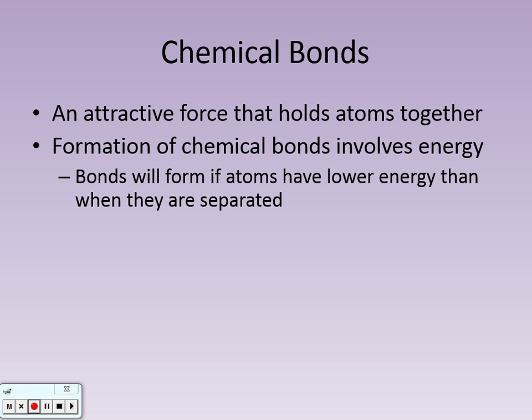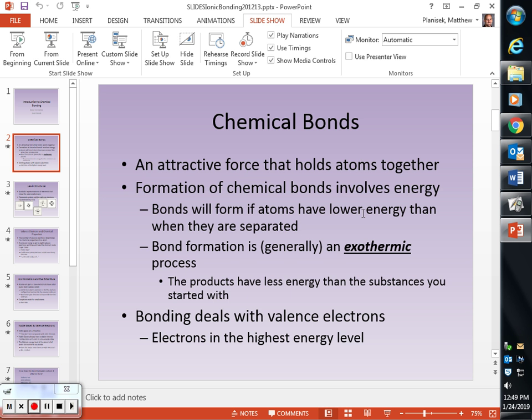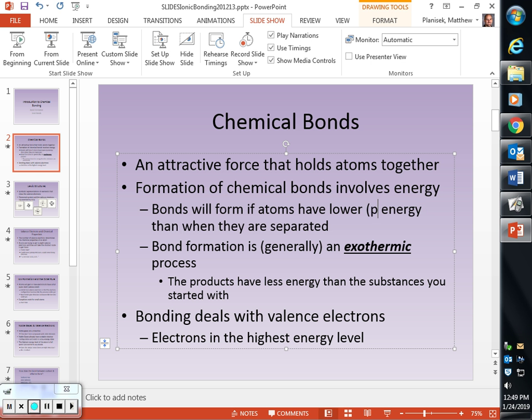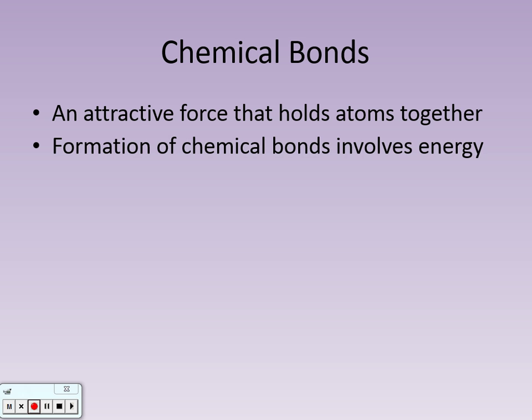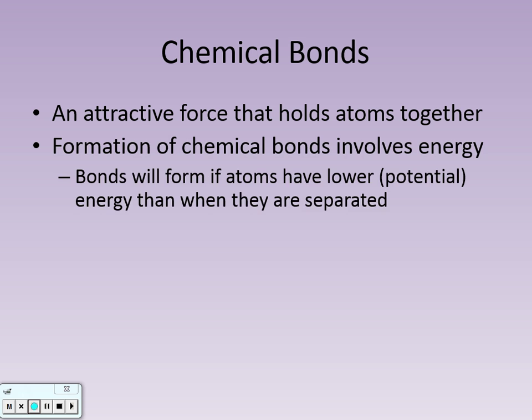And one thing I should add in here, instead of just a lower energy, we probably should put potential energy in that space. Atoms will join together and form a bond if they have lower potential energy together than they did when they were separate from each other. Good with that idea?